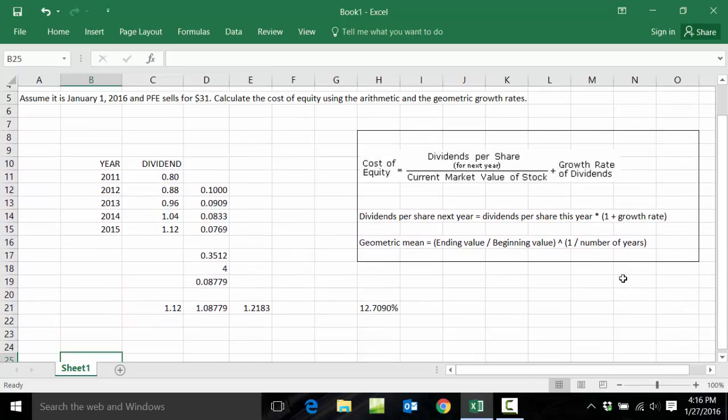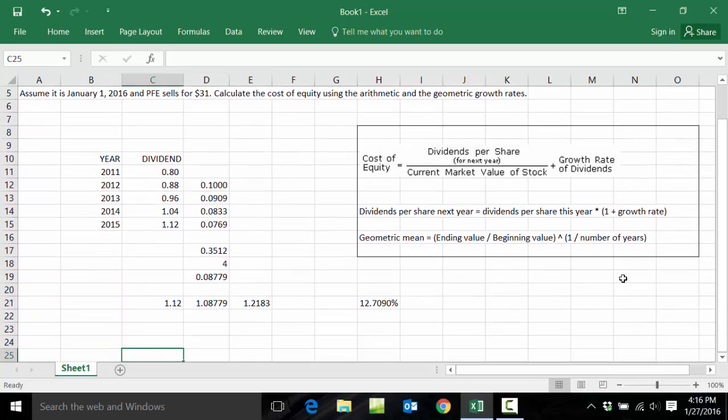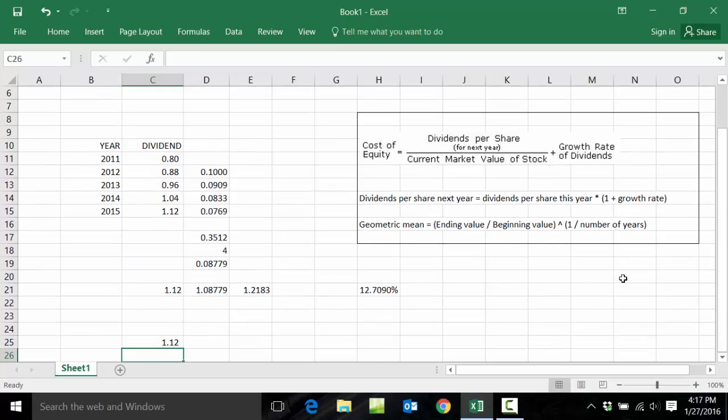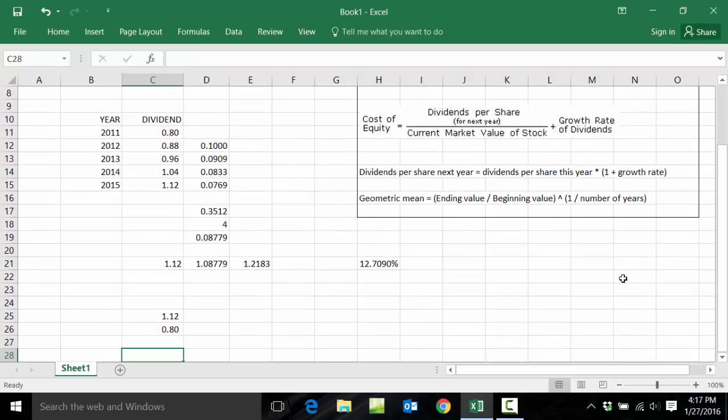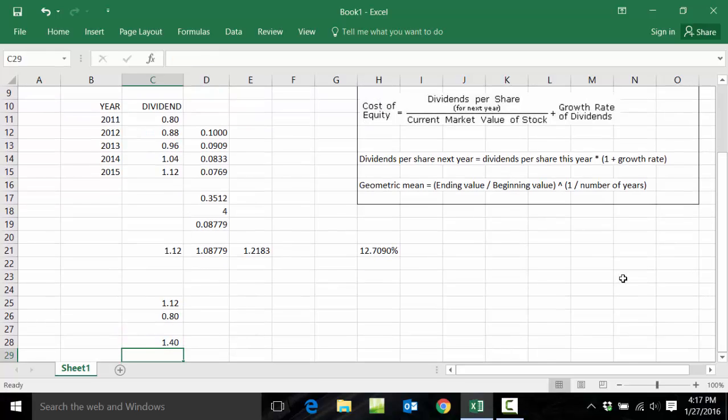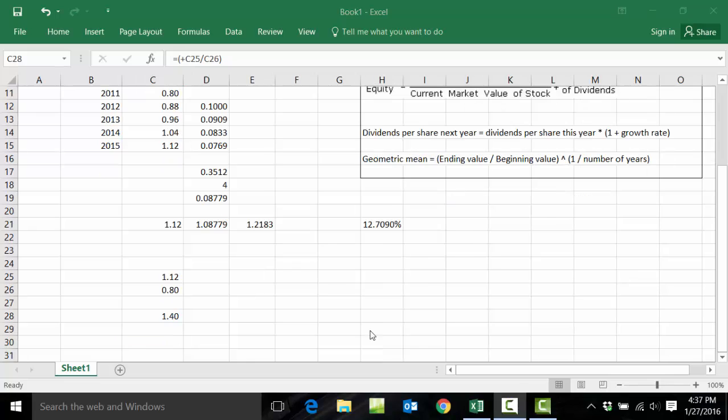So let's figure that out now. We have the ending value of $1.12 and the beginning value of 80 cents. So if we take $1.12 divided by 80 cents, we're going to get 1.40.